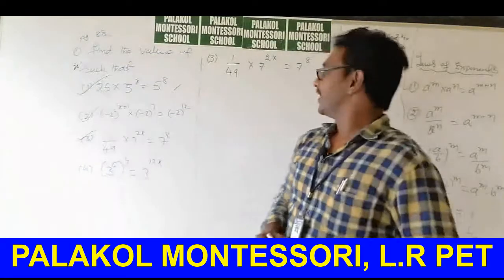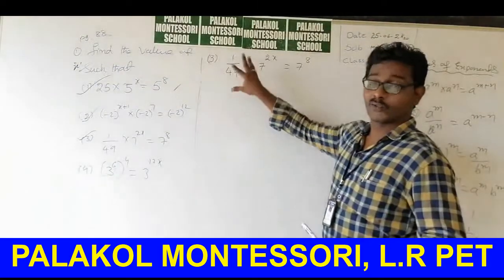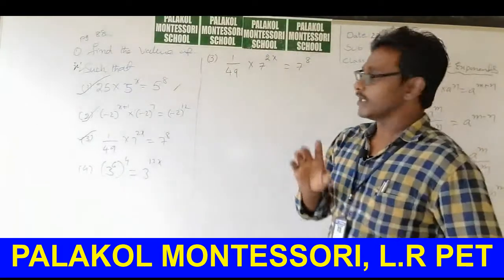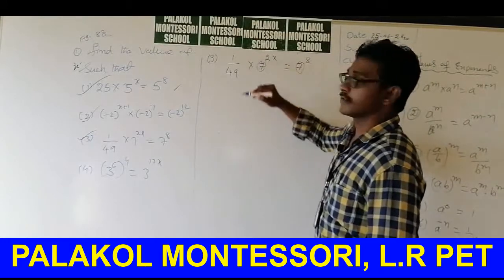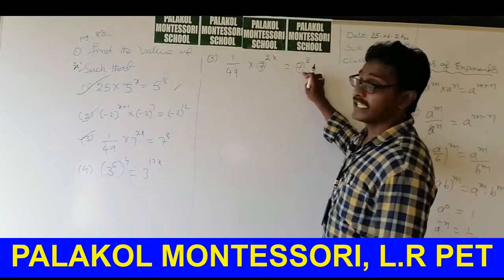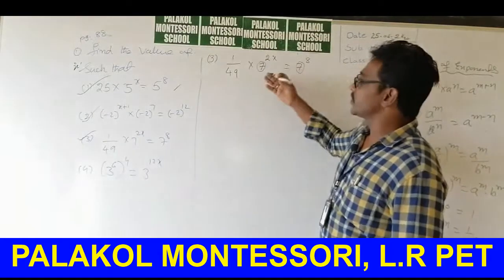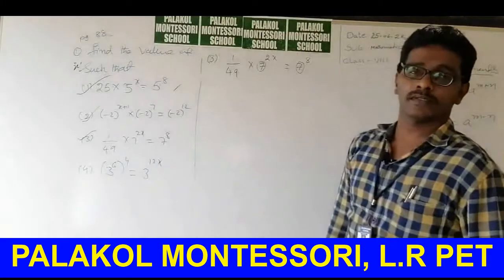Guys, this is also an equation. On the LHS part, two terms are there. First you change it into a single term. So in this situation, immediately identify the bases. On this side the single term base is 7. If it is possible, change the other terms also into that base.